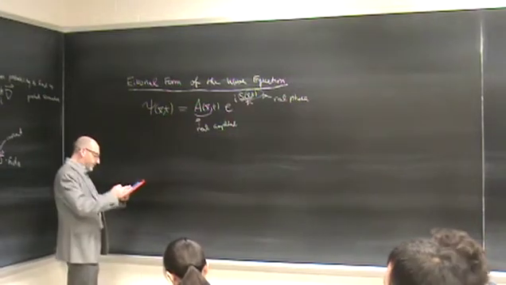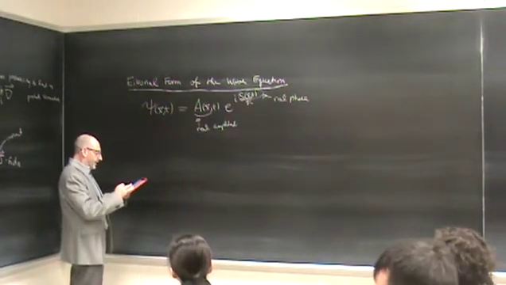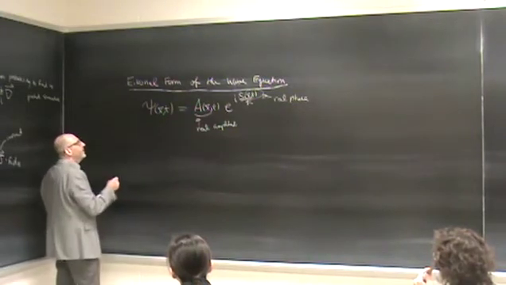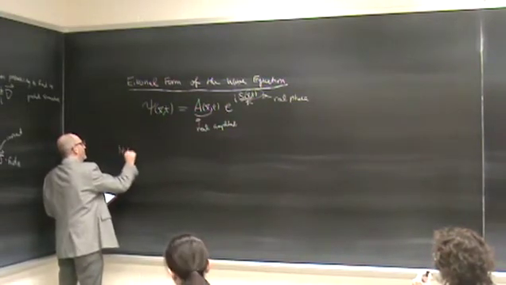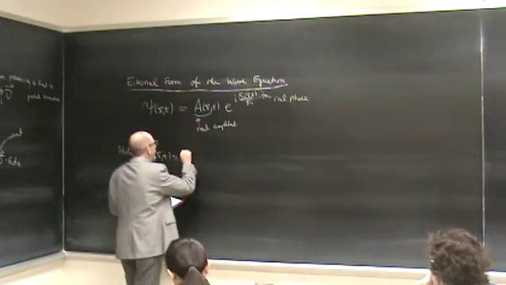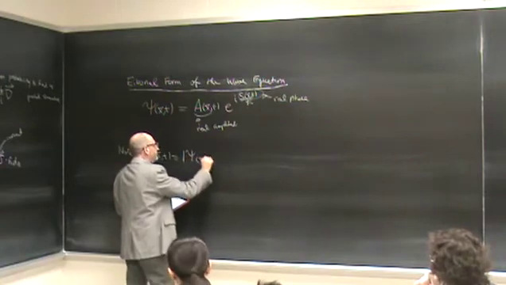So let's plug this in. But before I do that, we could say just a couple of things quickly. Firstly, note that the probability density is just the square of the amplitude.